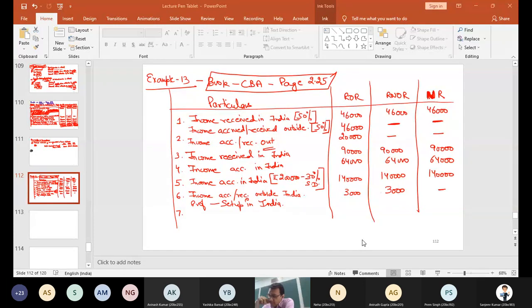So I will wait. Dividend from PQR Limited, Indian company, 10,000. Read it and then raise your hands if you know the answer. I'm not asking basically the answer. I'm checking your conceptual clarity. That's it. Answer anyone can tell.